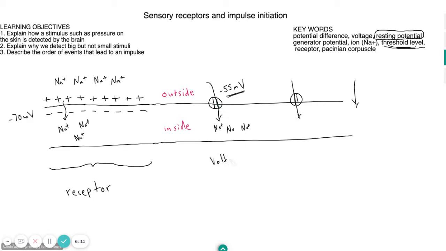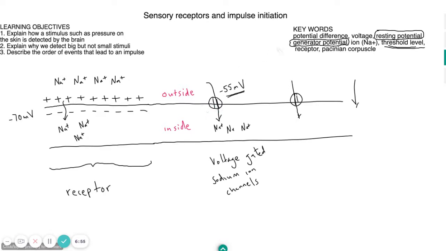Let's just write this: voltage gated sodium ion channels. So that's really important. This idea of there being a big enough change in voltage, we're talking about this term here, generator potential. If the generator potential isn't big enough, the voltage gated sodium ion channel isn't going to open.